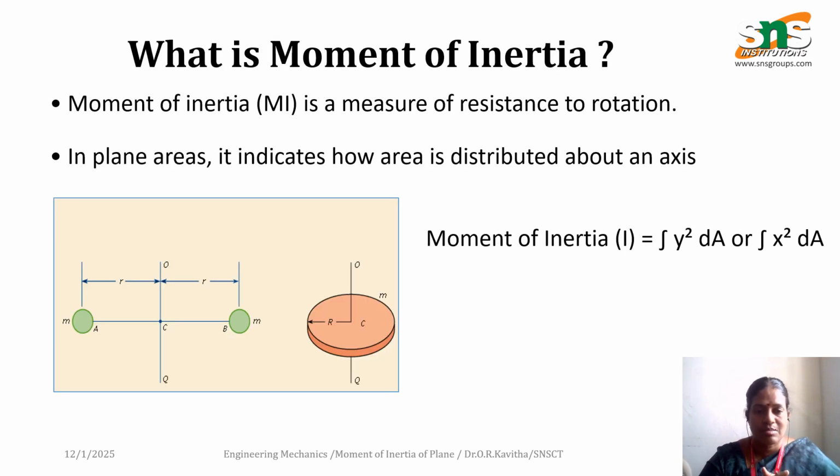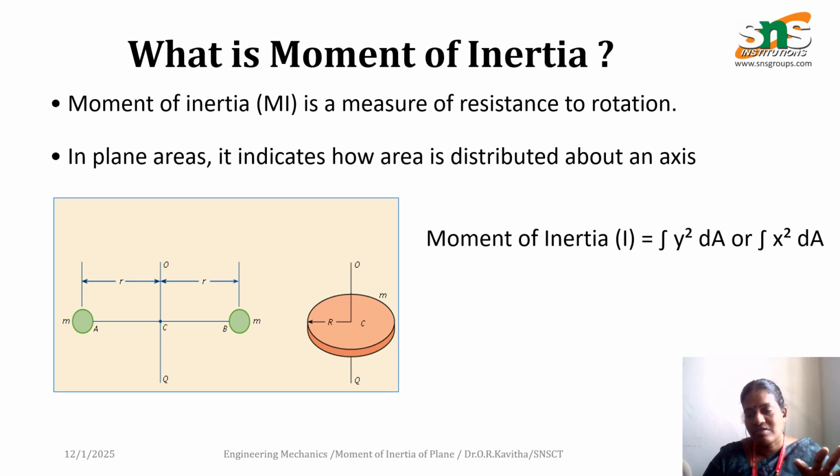So first, what is the moment of inertia? It is a measure of resistance to rotation. If I take this shape, and this is the mass, and you want to calculate the moment of inertia, it is the resistance to rotation. In plane areas, it is indicated by the area distributed about the axis.